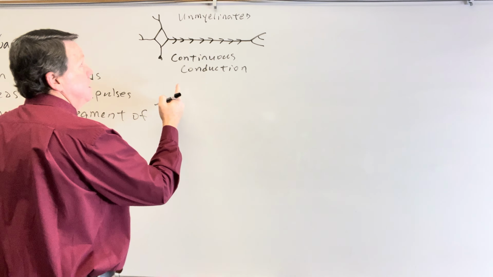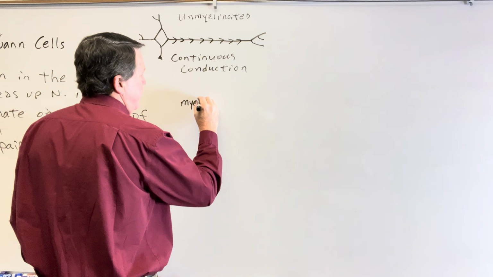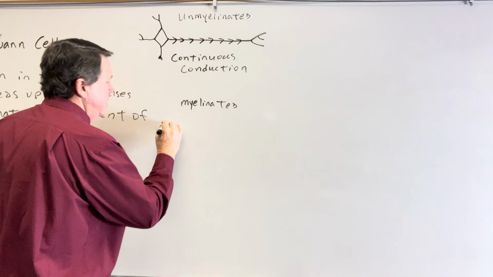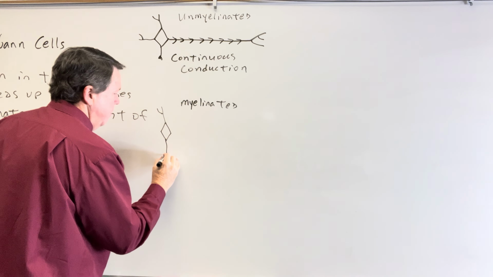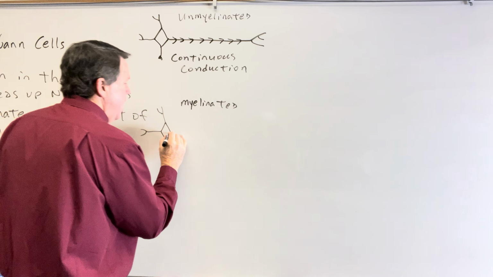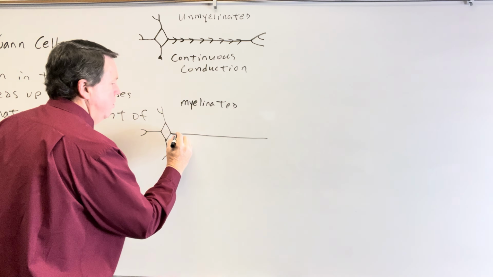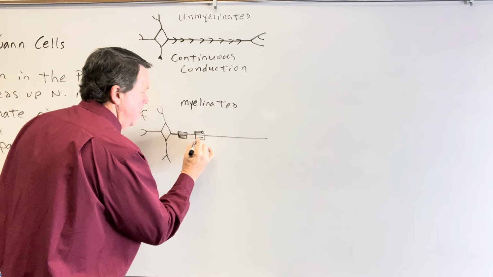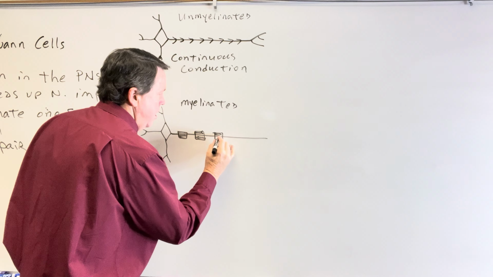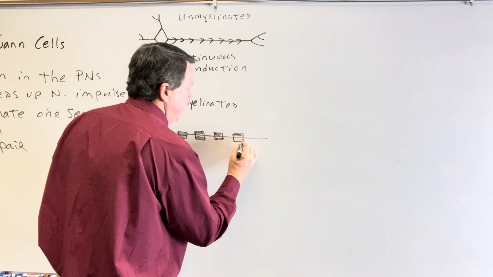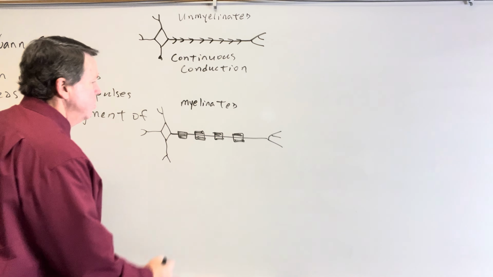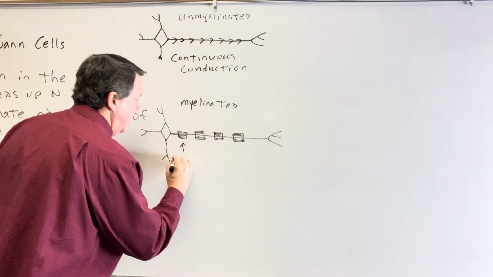Now, if we look at one that's myelinated, right, so this will be my myelinated. Now what's going to happen is I am going to still have my dendrites coming out from here, right? And now this is going to be my myelin right here. So if we look here, this is all my myelin, okay, and then that's my synaptic knob right there.